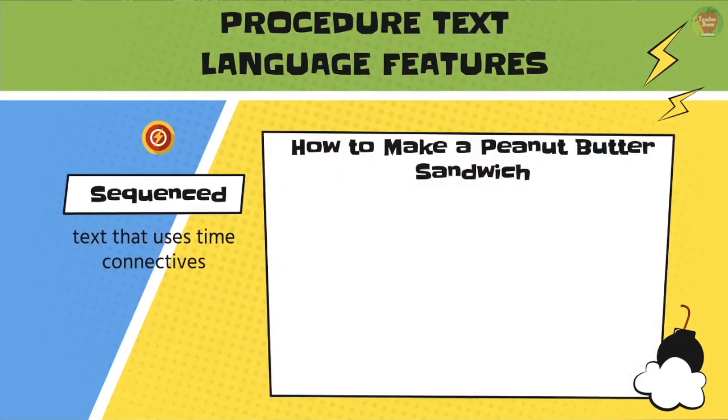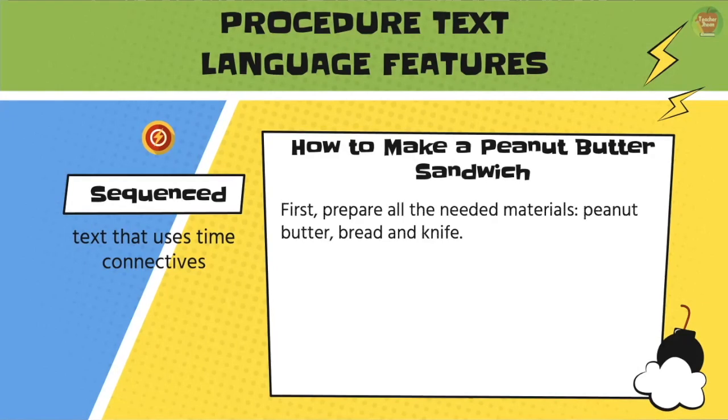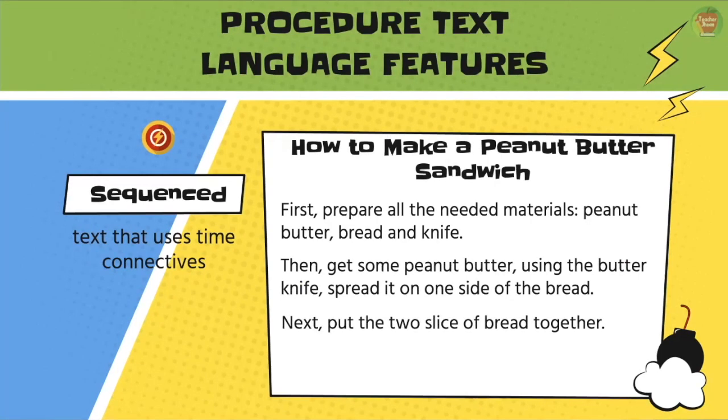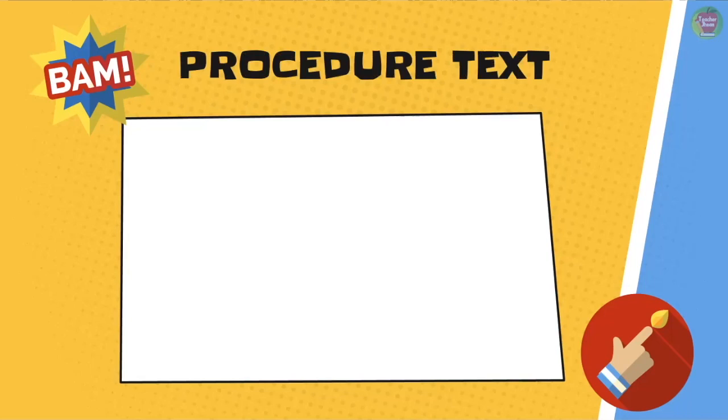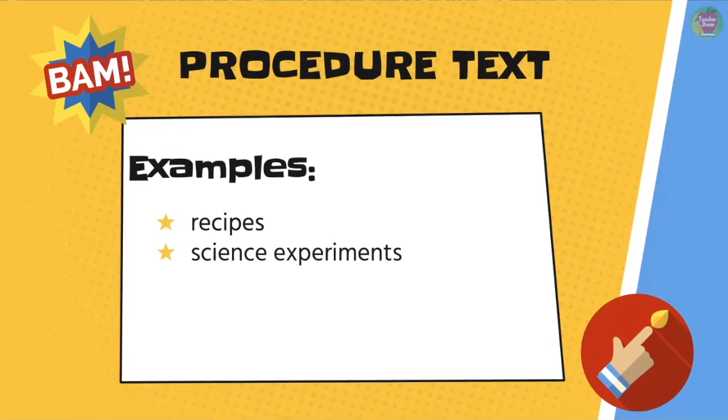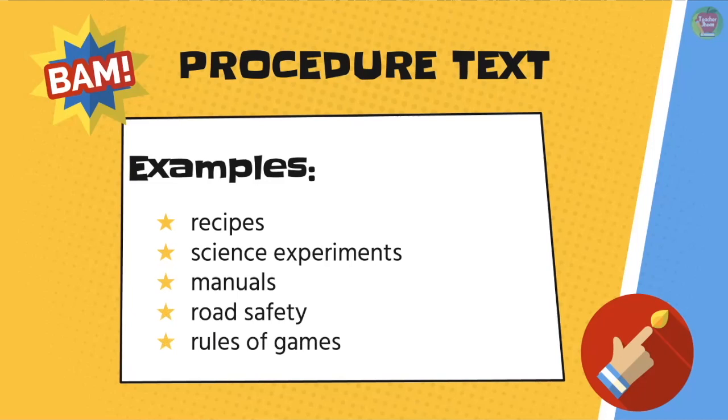Here is an example of a procedure sequence text. It uses words like first, then, next, lastly. Here are more examples of procedure text, like recipes, science experiments, manuals, road safety, and rules of games.